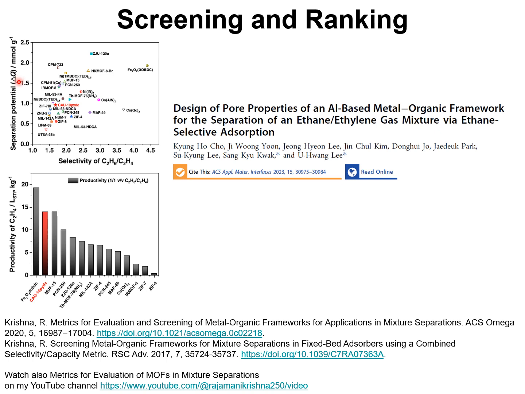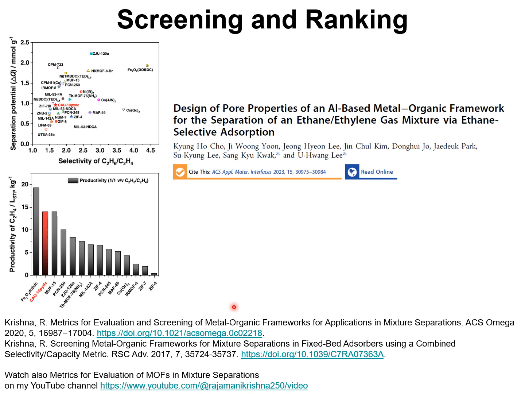So I have two important messages to convey on screening and ranking of MOFs for C2H6, C2H4 separations. Please, when you present experimental data, use the modified time parameter, where you take the actual time multiplied by the volumetric flow rate at the inlet and divide by the mass of adsorbent. This allows an easier comparison of breakthrough experiments for different MOFs.